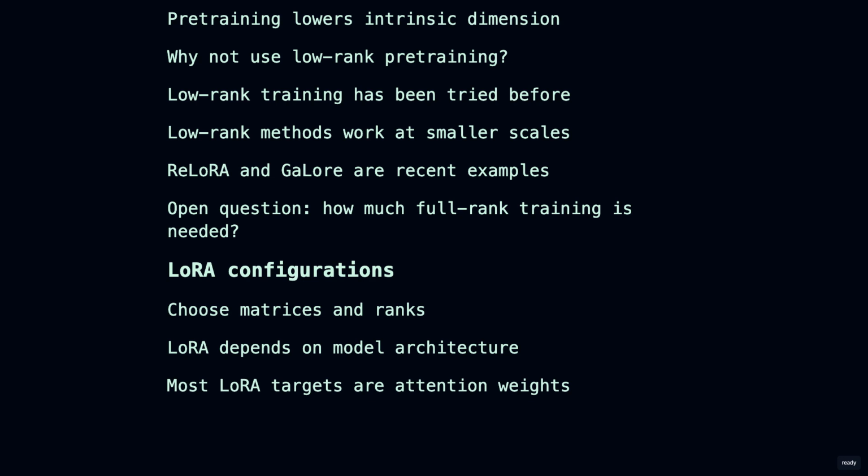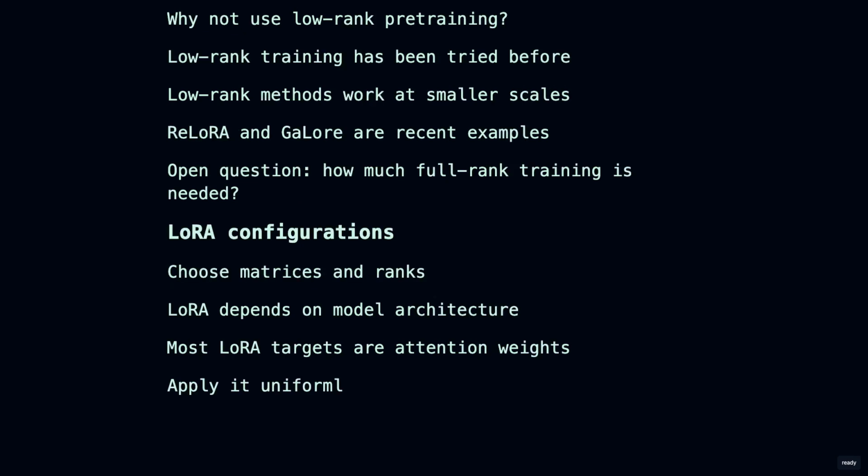That is where many implementations focus first. A common practice is to apply the same LoRA choice to every matrix of a given type. That keeps the setup simple and consistent across layers.